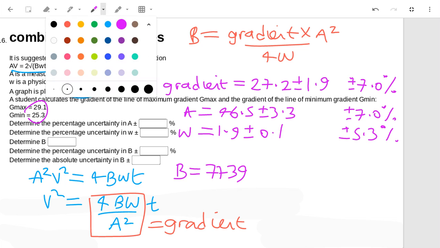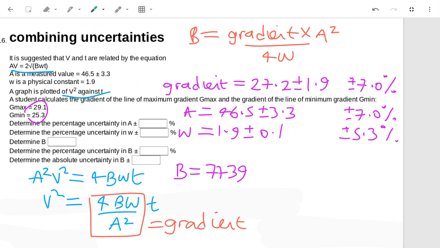Next thing I'll do is I'll combine the uncertainties, which is what this whole question is about. Since they're all multiplying or dividing, I simply add the percentages, but I must be careful for the squared up here. So this is adding once, this is adding twice, and this is adding once.